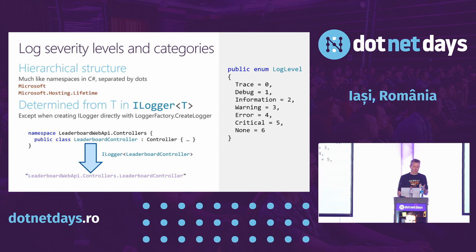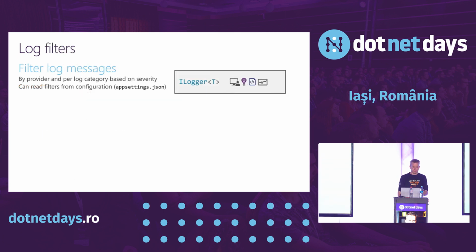So it's good to use the logger of T, but you're not required to, because you can still use CreateLogger and create a logger yourself, an ILogger implementation, and then you can just choose the category by an arbitrary string. Final thing, before we go into a little bit of demo, is the log filters.